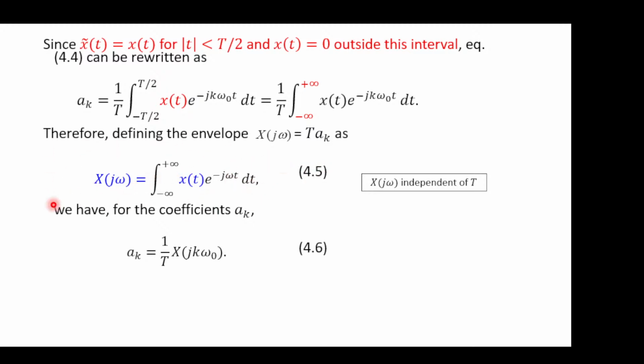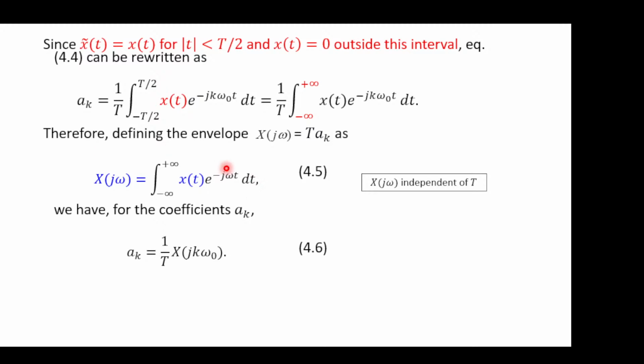So we can define this envelope function big X of jω as our T a_k before. Before we did the analysis only for the square function, but now we see this X of jω being independent of big T is actually true for any function, right? Because we don't have a particular form of x of t. You just see that this works here.